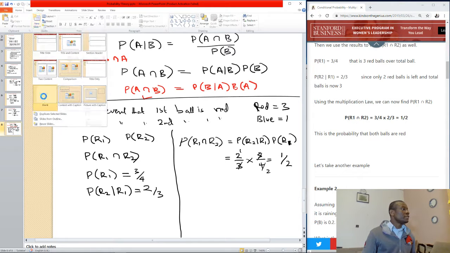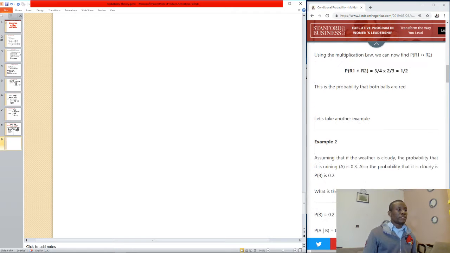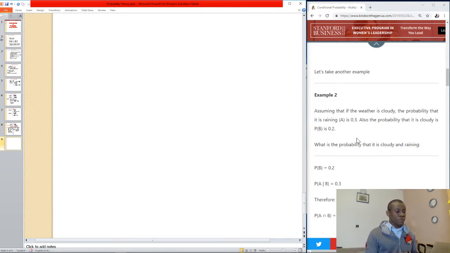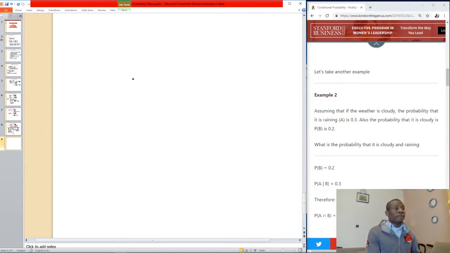So let me shift this upwards. So we are saying that, assuming that if the weather is cloudy, then the probability that it is raining, A, is 0.3, and the probability that it is cloudy is 0.2.